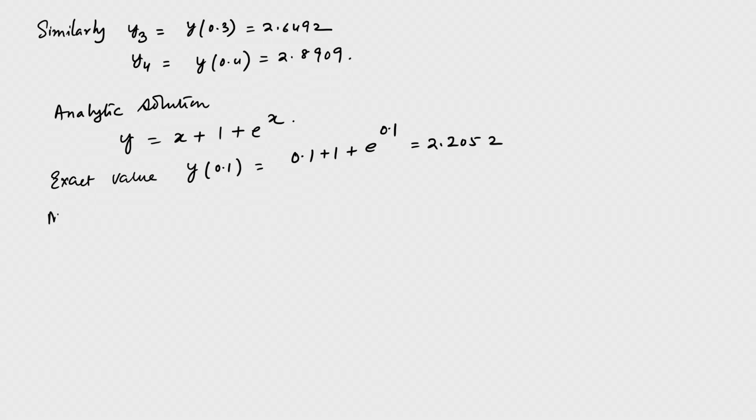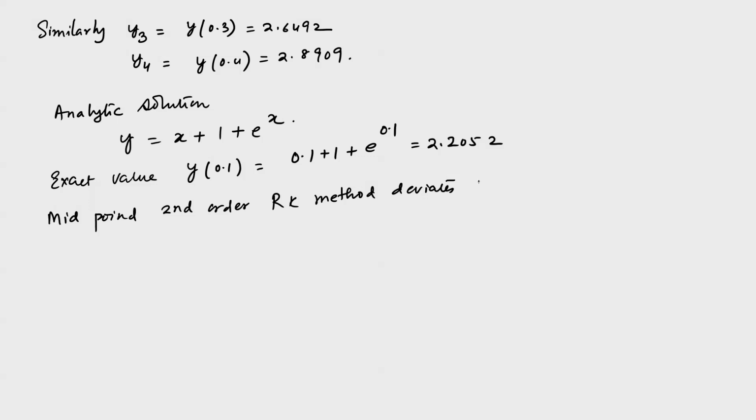So, the midpoint method, in this particular case the midpoint second order RK method, deviates only in the fourth decimal place.